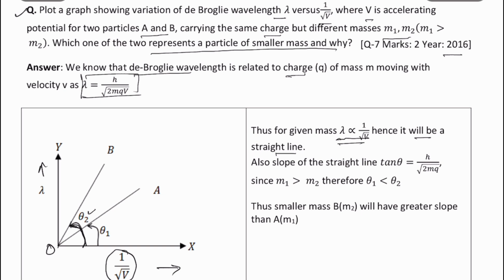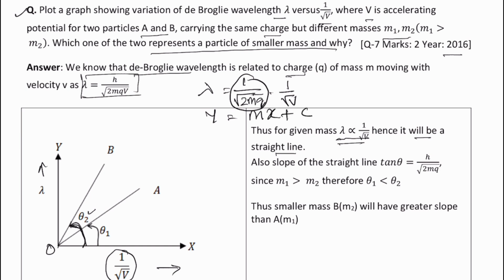Tan theta is h by root 2mq. In the relation lambda is equal to h by root 2mq into 1 by root V, this is y, this is m, this is x plus c.